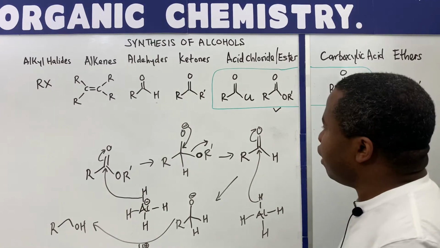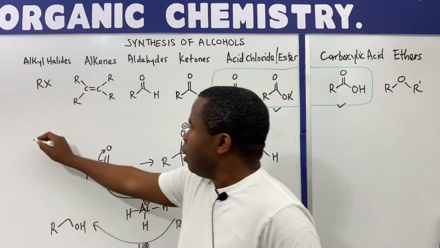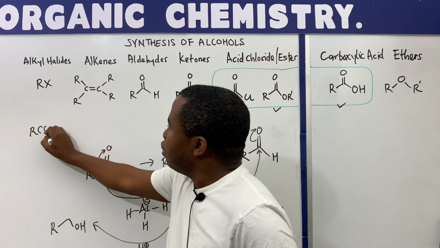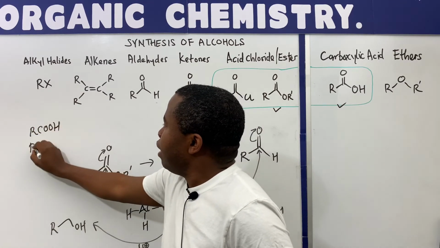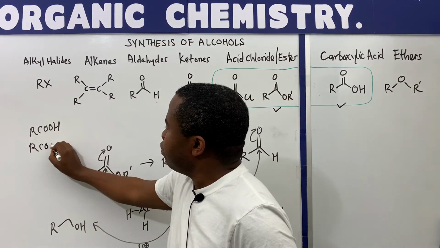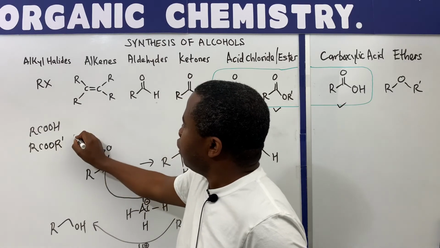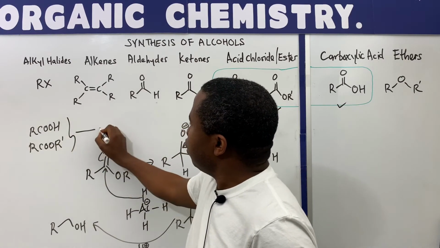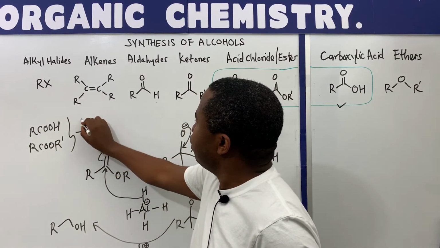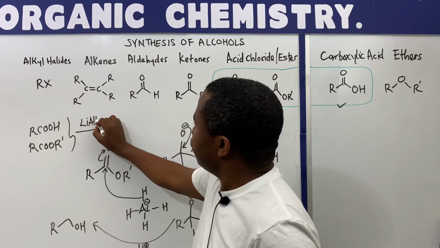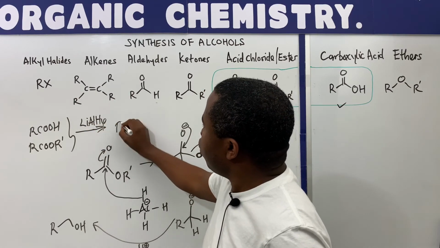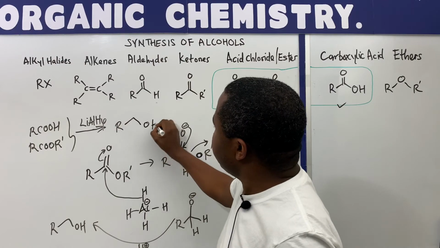reduction of carboxylic acid. So if we reduce either carboxylic acid or an ester using lithium aluminum hydride, we are going to form a primary alcohol.